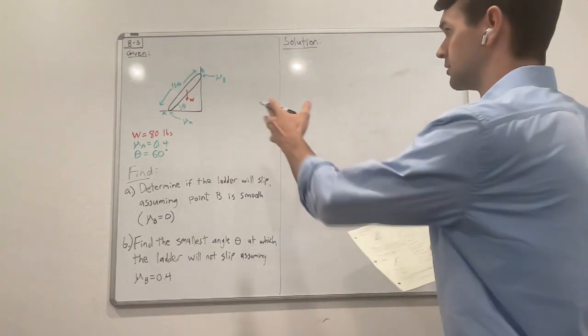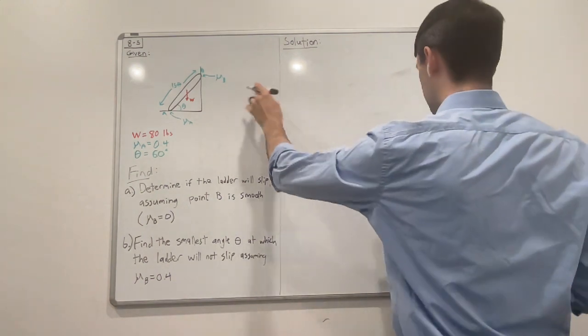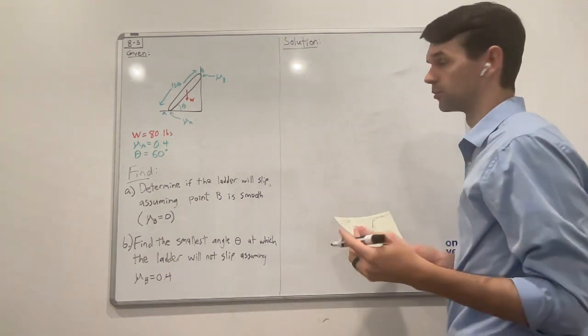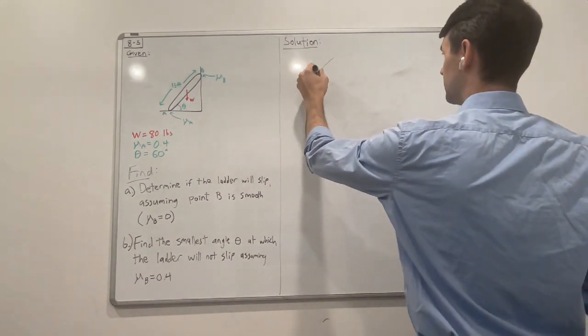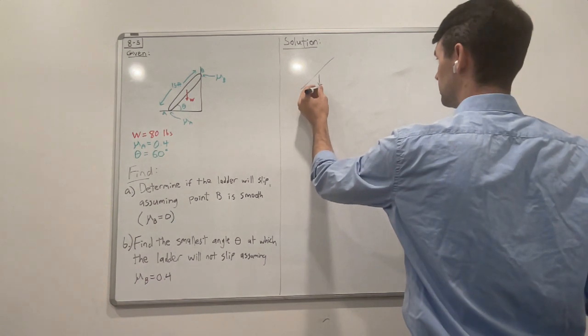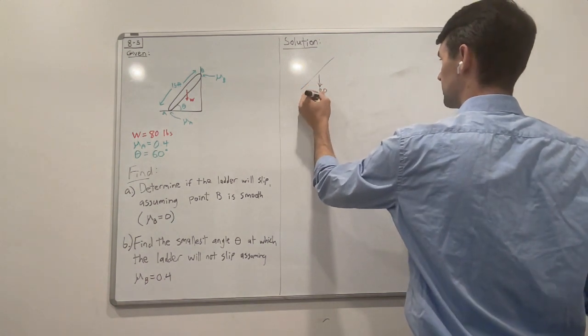I'm going to redraw this as a free body diagram, as we've been doing so much lately. I'm going to have my ladder, with my weight acting at the middle, of 80 pounds.